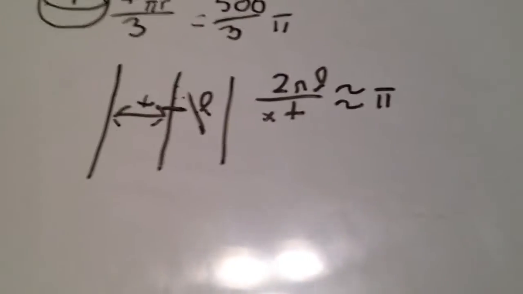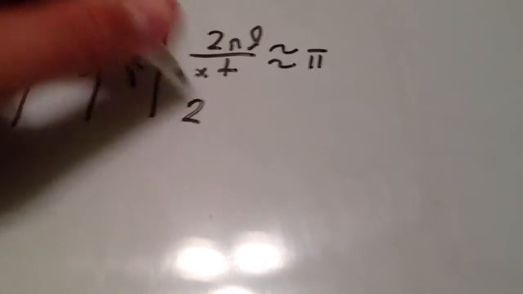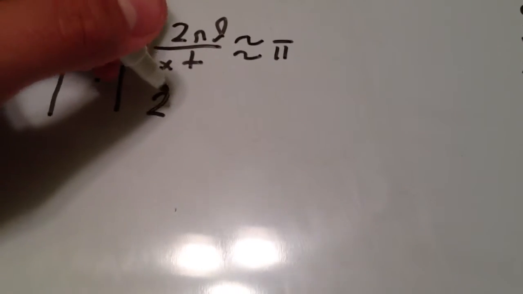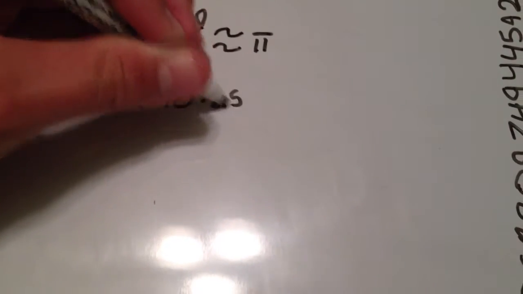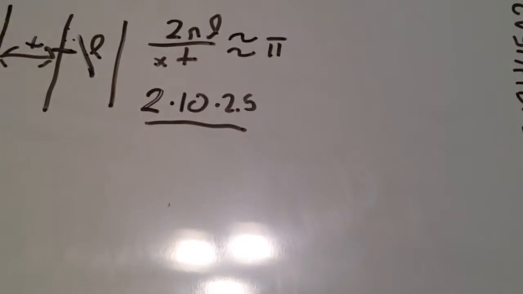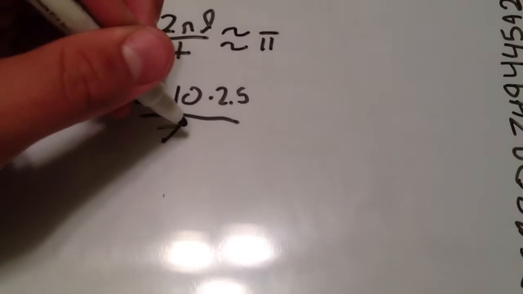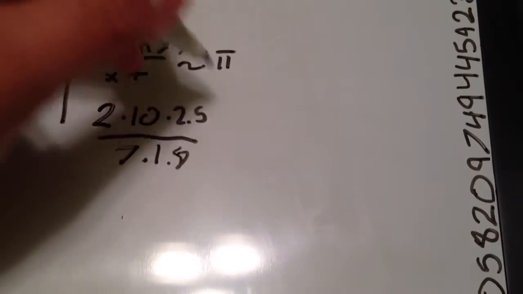I actually did a test of this. I only did 10 test runs with a 2.5 centimeter needle. So that's 2 times 10 times 2.5 over 7 times 1.8. It landed across the line 7 times, and the lines were 1.8 centimeters apart.